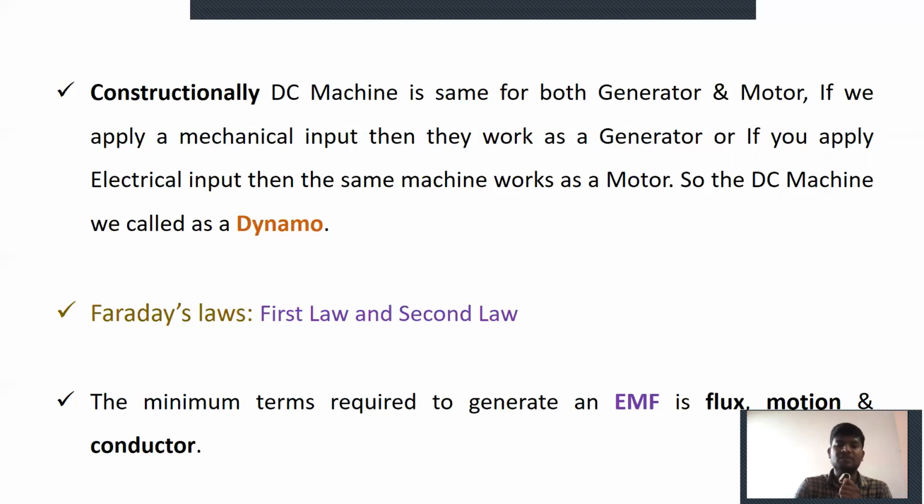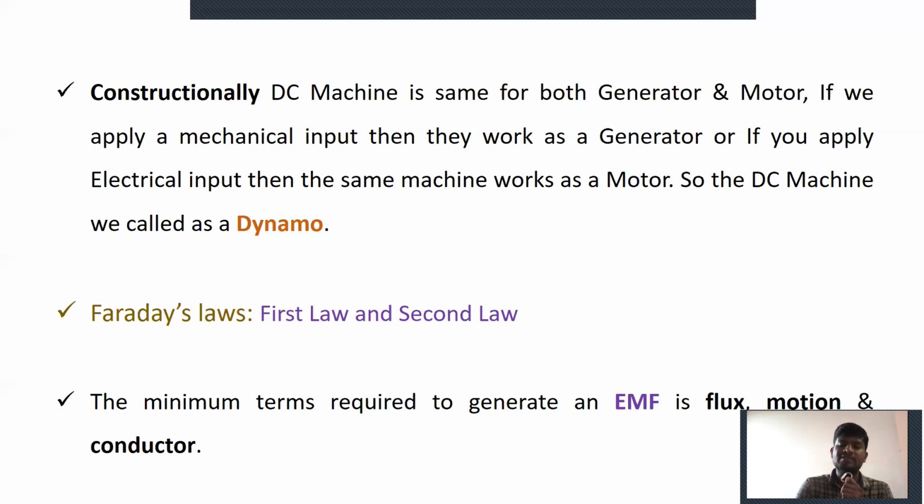In these DC machines, we should know about the basic laws, that is Faraday's laws. So what are Faraday's laws? Faraday stated the first law and the second law. What is Faraday's first law? Faraday's first law states that when a conductor cuts the flux, due to that cause, an EMF is induced.